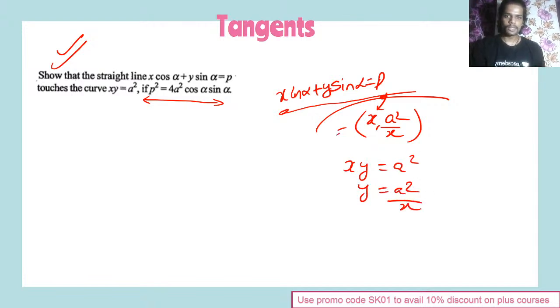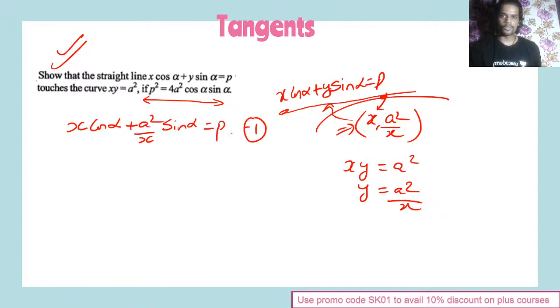Now this point will also satisfy the line equation. This means x cos alpha plus a square by x sin alpha would be equal to p. This is our equation 1.